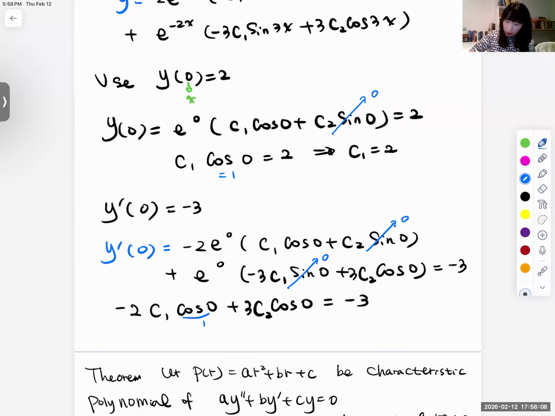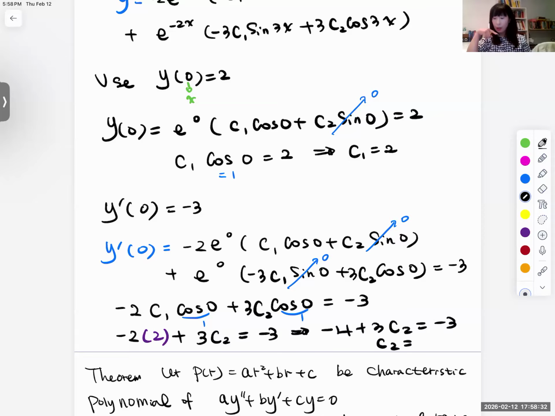So negative 2 c sub 1 is given, c sub 1 is 2. And we have plus 3 c sub 2 equal to negative 3. So negative 4 plus 3 c sub 2 equal to negative 3. C sub 2 will be what? So move, plus 1 divided by 3, so 1/3, yeah?